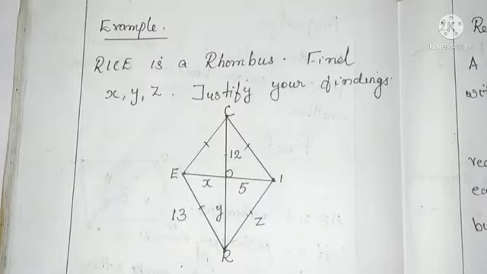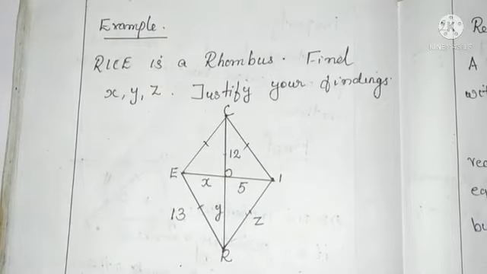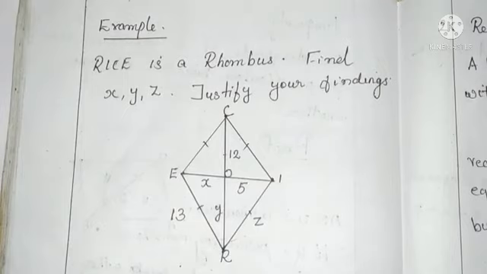Then x equals OE. You observe the figure. x is the length of the side OE. But it is given there OI equals 5 centimeter. Then what about x? x will be the same as OI, because we said in the properties that the diagonals bisect each other.